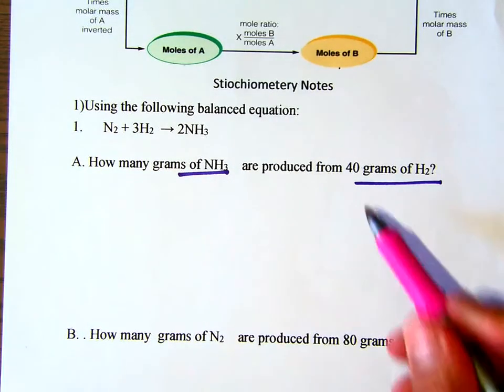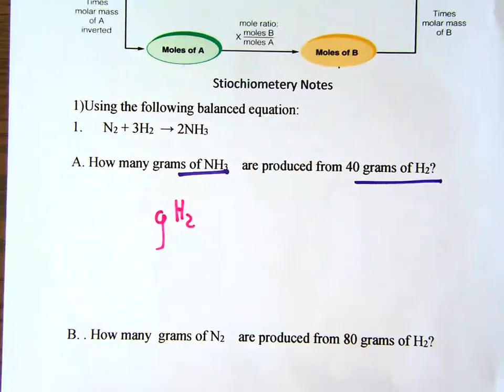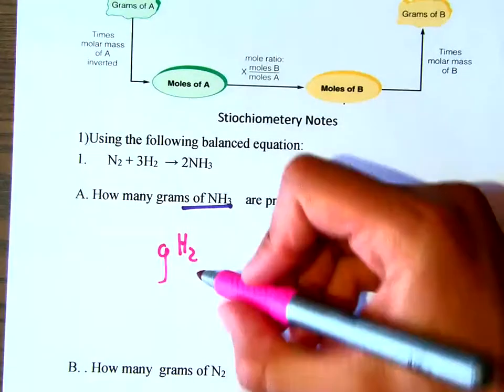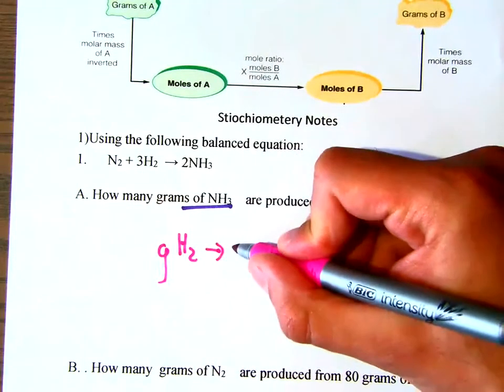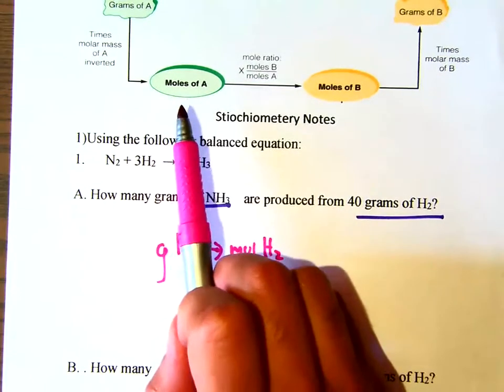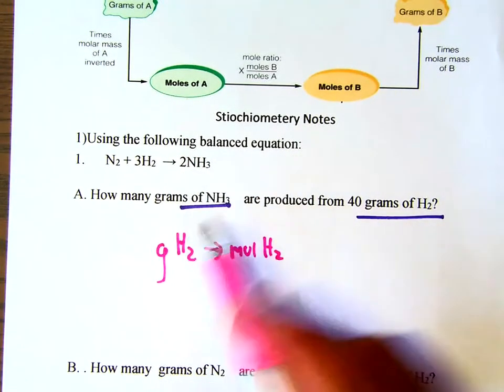So I'm starting with grams of H2. If I'm following this path, then I need to turn that into moles first. So then I will turn that into moles of H2. For moles of H2, I go to moles of whatever I'm looking for. Well, I'm looking for this, right? But I can't go to grams right away.